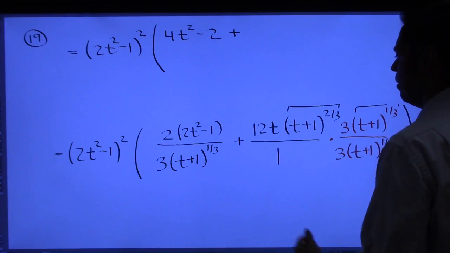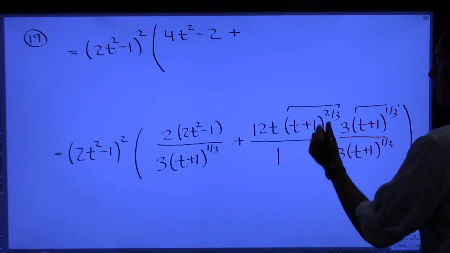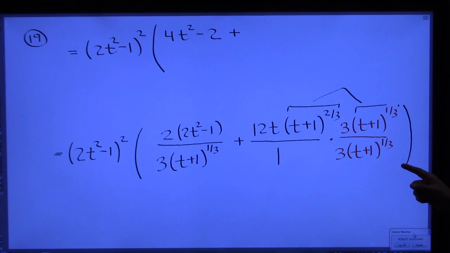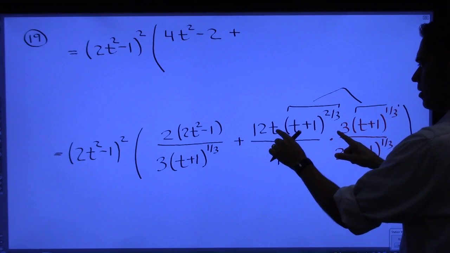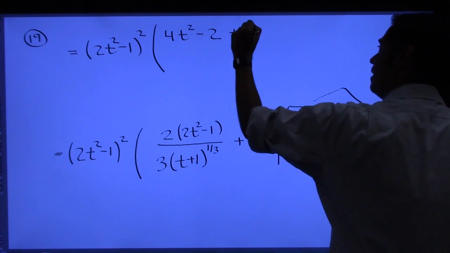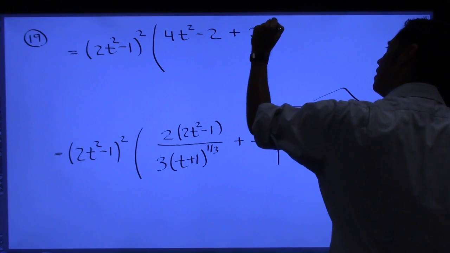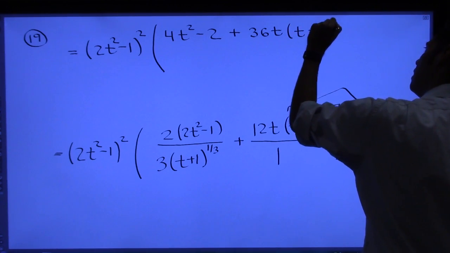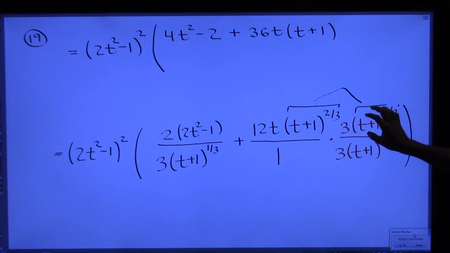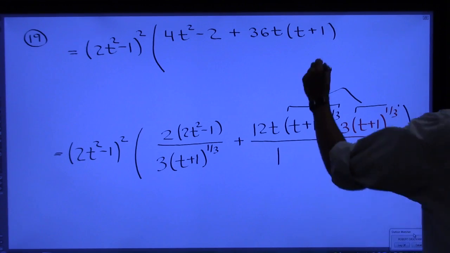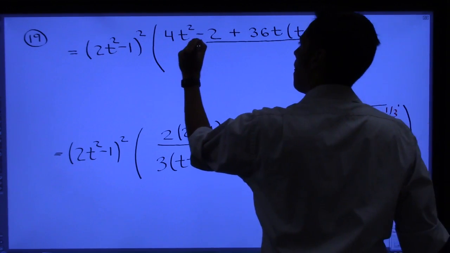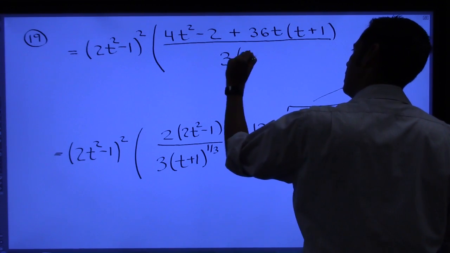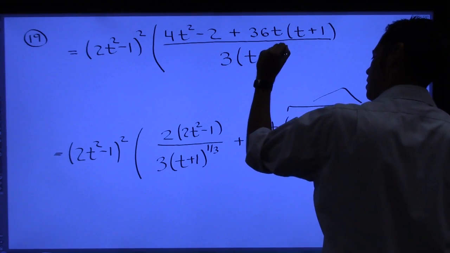When I put these two together, I get t plus 1 to the 1st power, but I also get 3 times 12 times t, which is 36t. So 36t, and then I had that t plus 1 to the first power. That's these two. Then all of this over my common denominator, 3 times (t plus 1) to the 1/3.